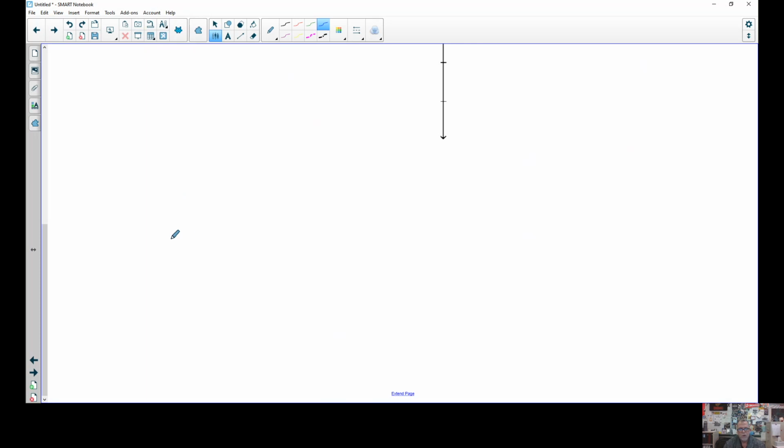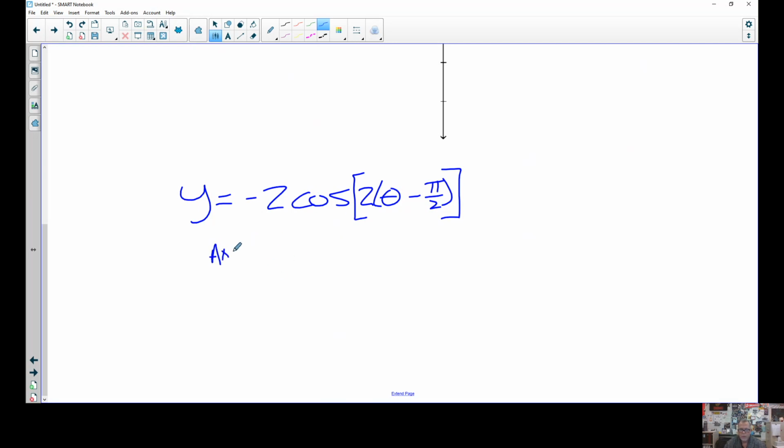All right, let's do y equals -2 cosine, and let's do 2 theta minus pi over 2. All right, so in this, what happens? Amplitude.